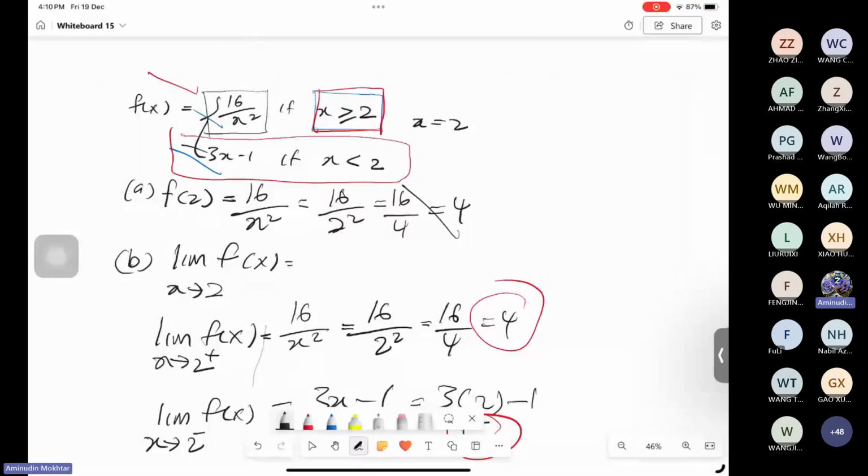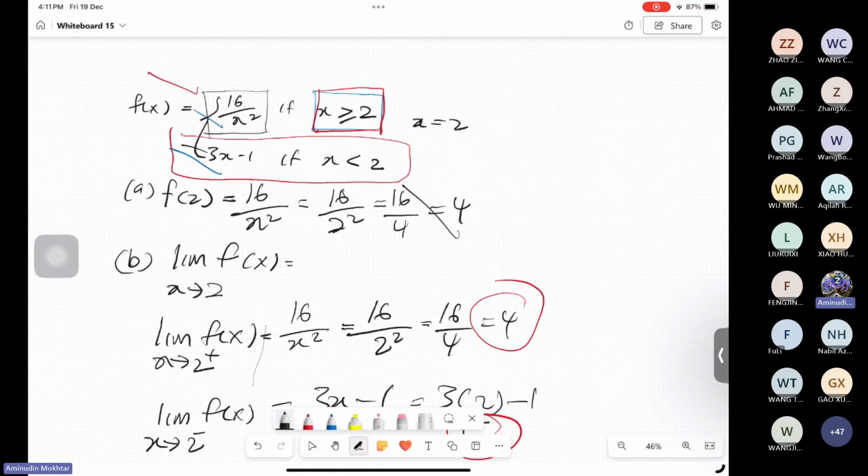Okay, the question is, when we want to find whether the function is defined when x equals 2, why we choose 16 divided by x squared. Is that the question?